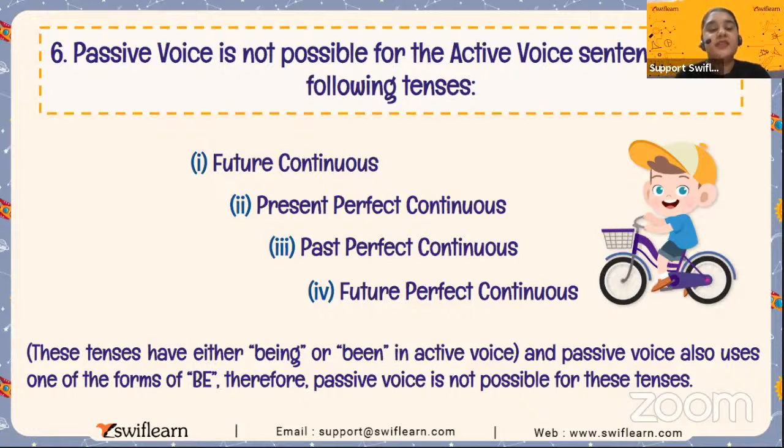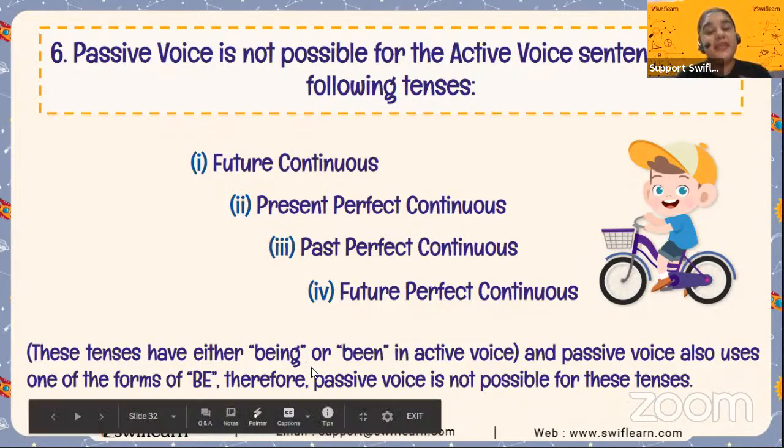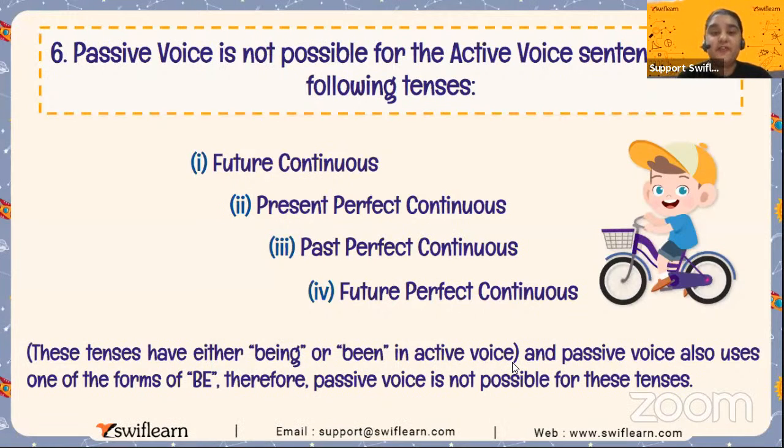Clear? So these tenses have be either being or been in active voice, and passive voice also uses one of the forms of be. Therefore, passive voice is not possible for these tenses. Clear? Yes?